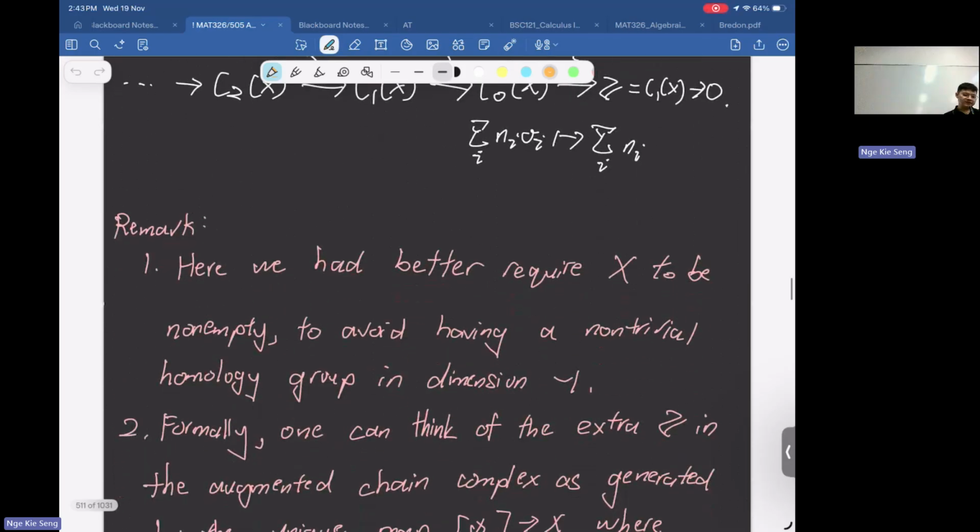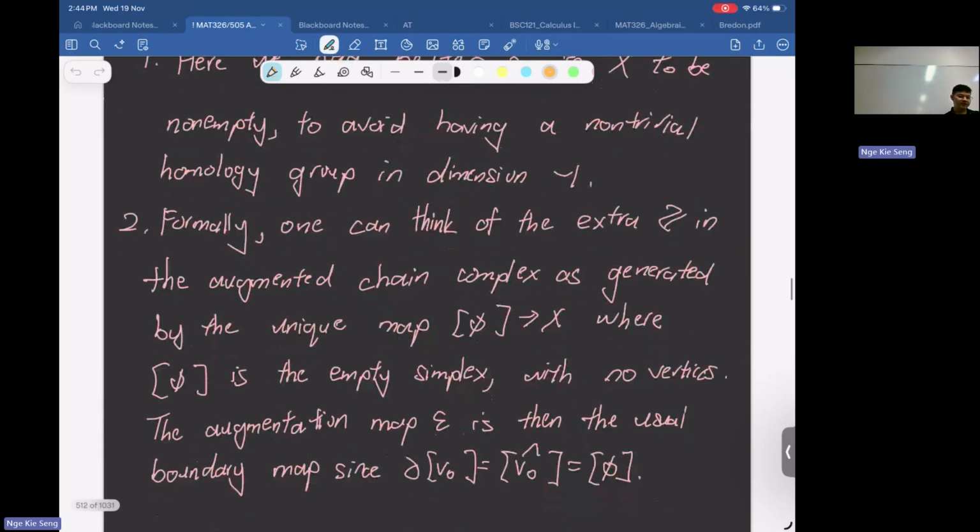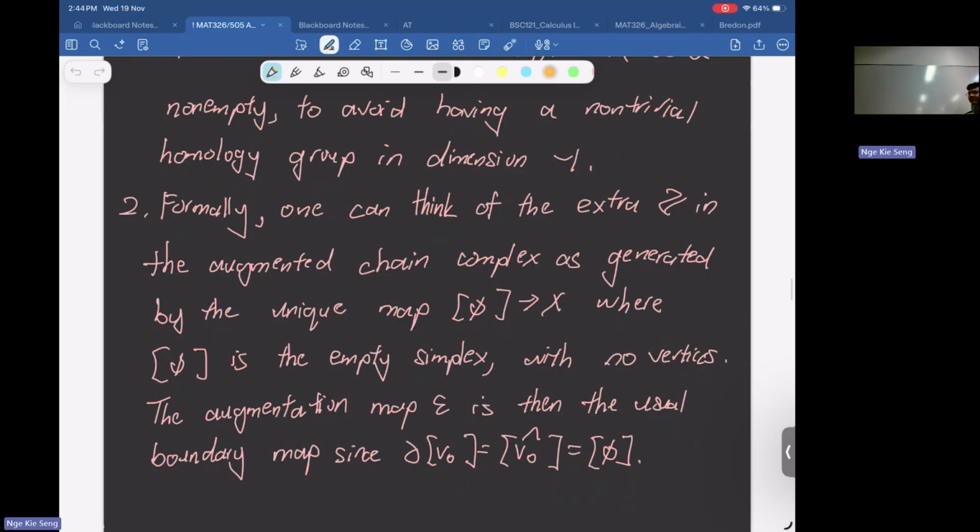There's a remark here. We will require that X is not empty, otherwise this Z will appear in the negative dimension. You will have non-trivial things in the negative part if everything else is zero.